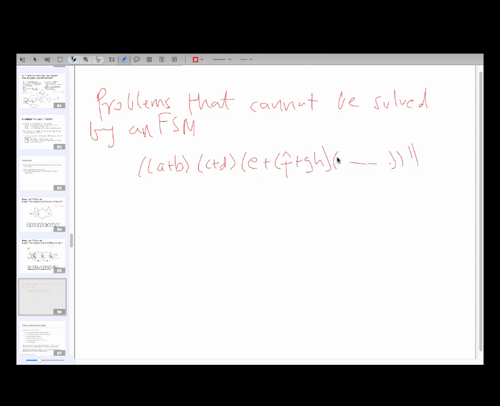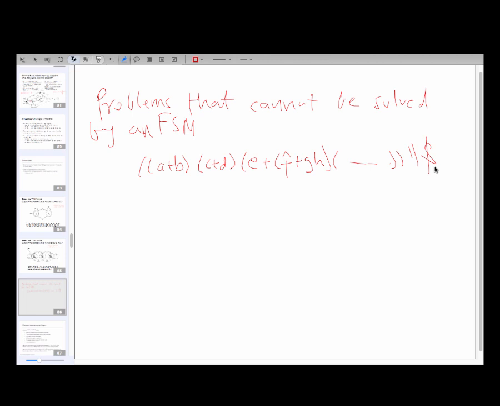Okay, so parentheses, operators. And let's say I ask you to make a machine. I'm going to give you an expression of arbitrary length, and I'm going to mark its end, and when you get to the end of the expression, tell me whether the parentheses were balanced. Okay, that's all I want.